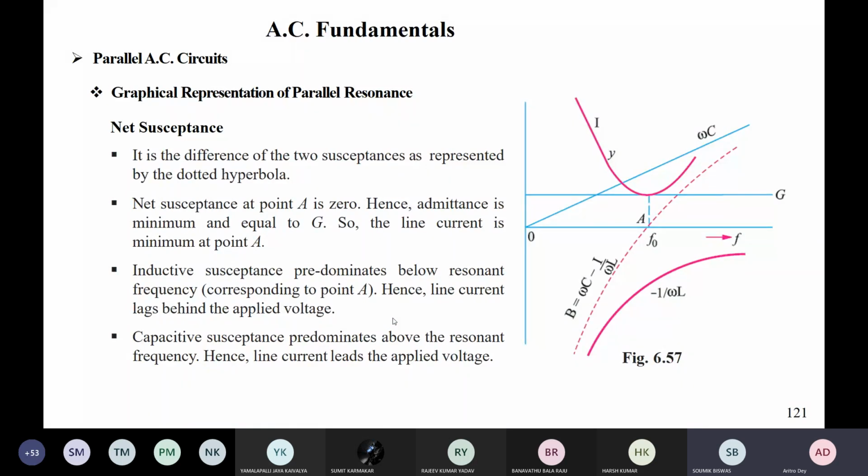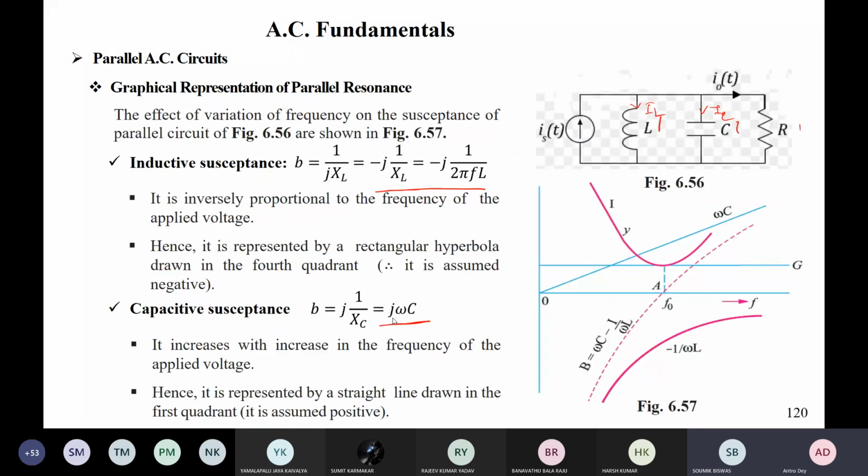It will be the same as before. Here your B should be equal and opposite, so you will get 1 by omega L is equal to omega C. This is the resonance. So omega 0 is equal to 1 by root over LC, just like before.